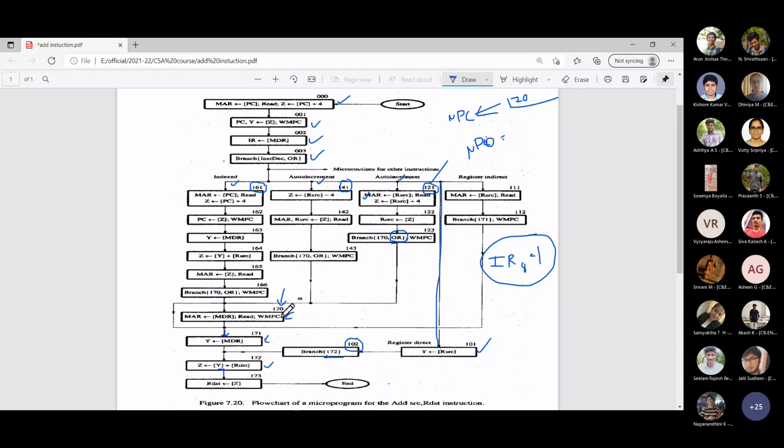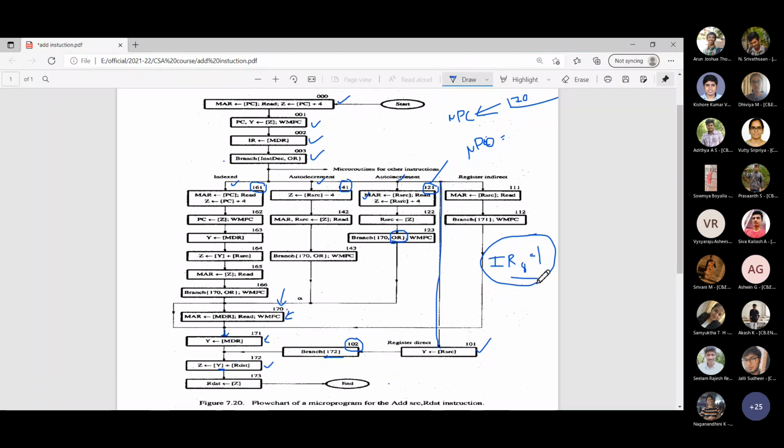So if it is direct, you have to jump to 171. If it is indirect, you have to jump to 170. So if it is direct, what should be the value of mu PC 0? One. Yes, mu PC 0 should be 1. So what formula should be loaded into mu PC 0?